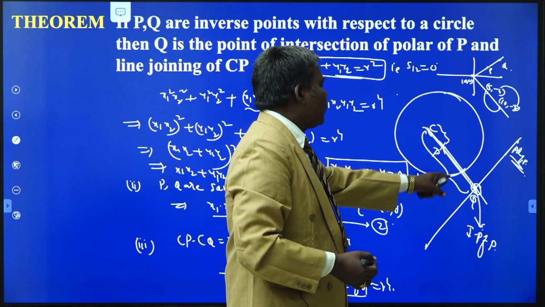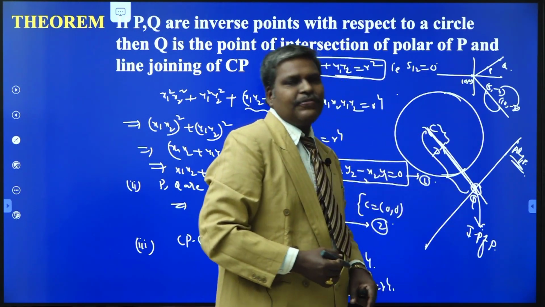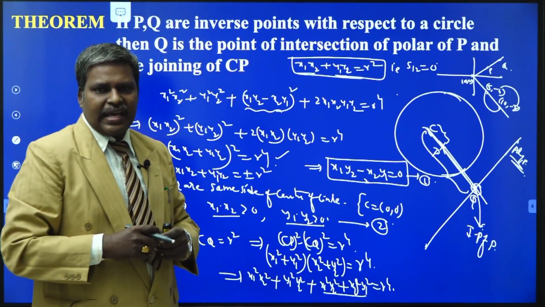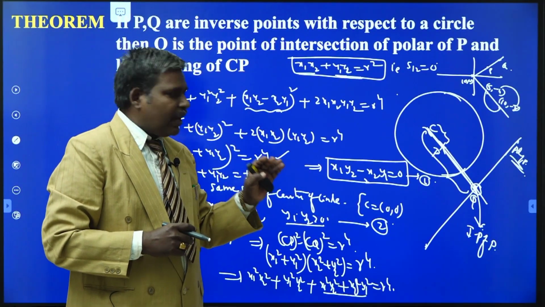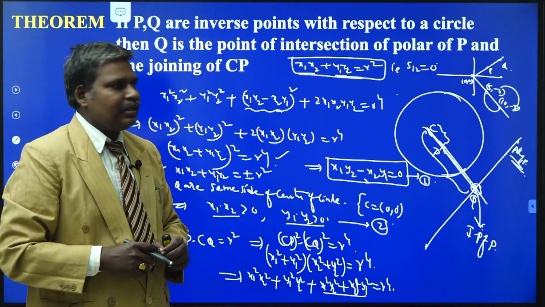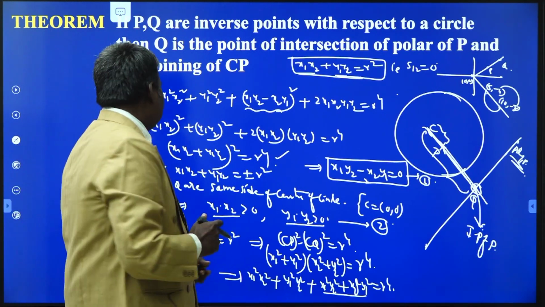Yes, this is the point of intersection of the polar of P and the line joining C and P. So if P, Q are inverse points, then Q is the point of intersection of the polar of P and the line joining C and P. So this is the theorem. In this way we can easily prove that. Understand?